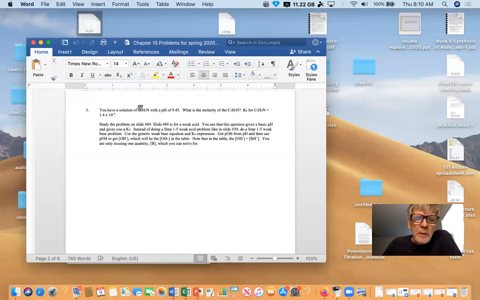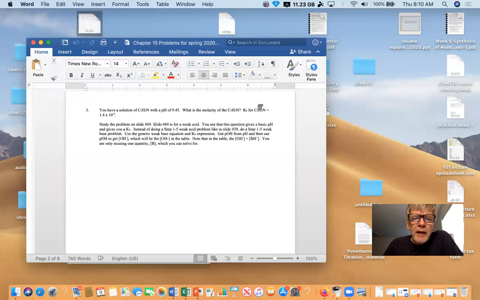When there's one chemical compound present, it's either going to be a strong acid, a strong base, a weak acid, or a weak base. This one tells us that it's a weak base. We know it's not a strong acid, and not a strong base, because we've memorized all those. We also suspect it's not a strong acid or strong base because it doesn't have a very basic or a very acidic pH.